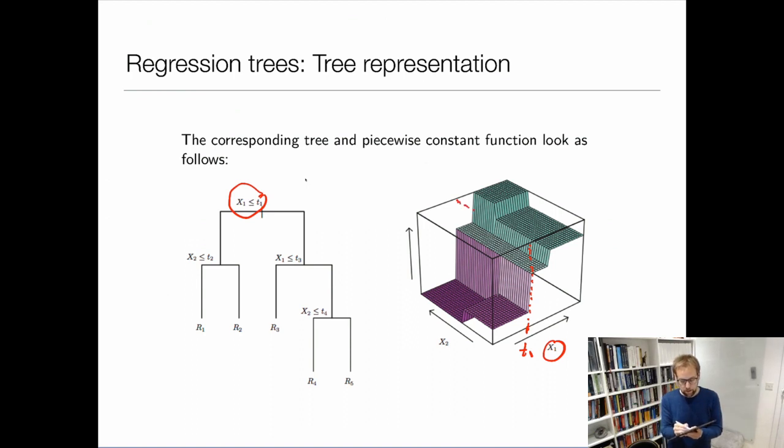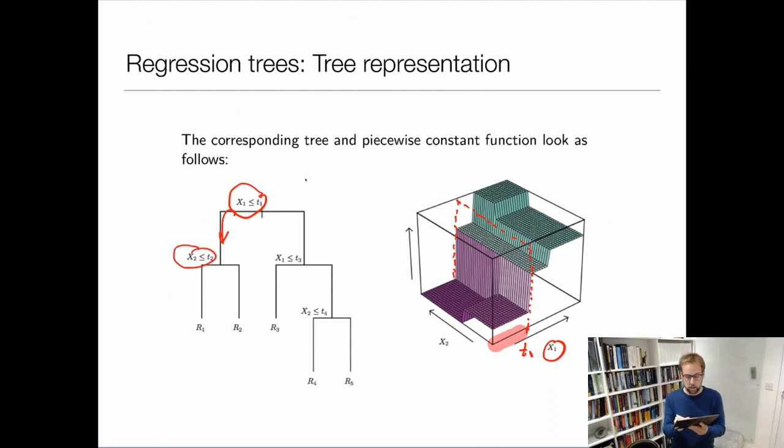This is this plane where I'm splitting. If it's to the left, to the left would be this region. If it's smaller than t1, then I will go down this route of the tree, and then I will compare again, but now the other variable x2 here.